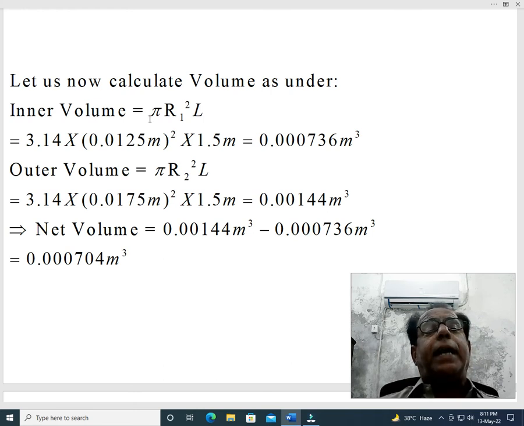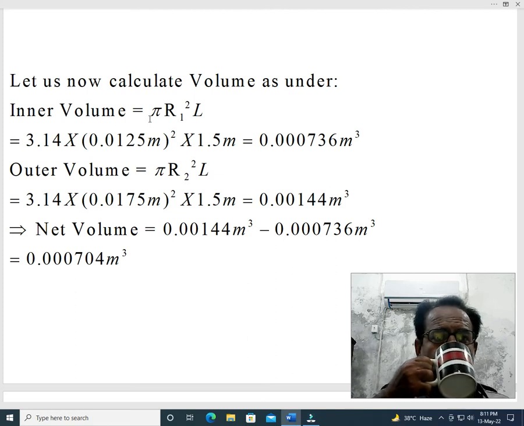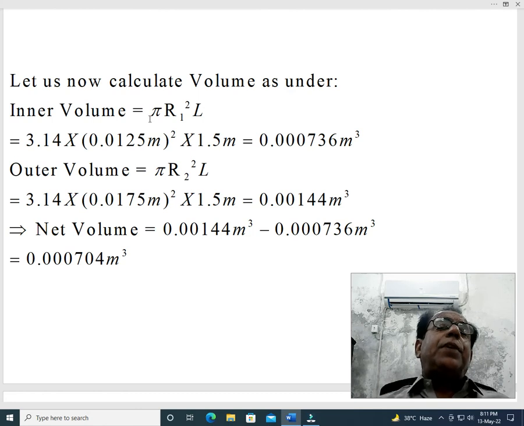It goes endlessly after the decimal. Okay, this is a very special number, pi, 22 by 7. But usually we restrict our decimal representation only to 2 decimal places. What we have done, we have put the value of pi as 3.14.